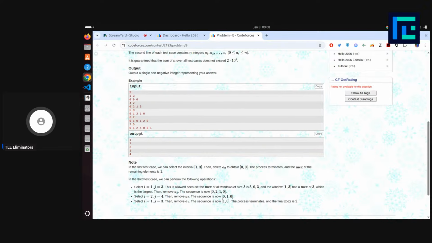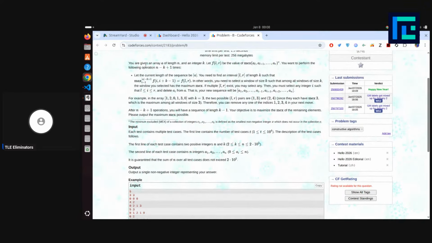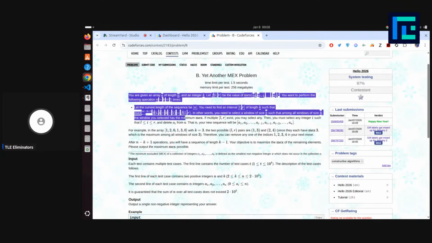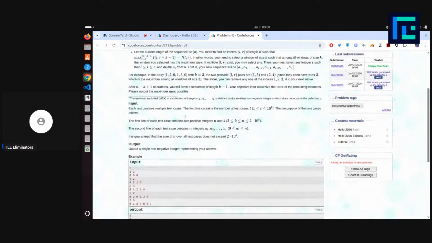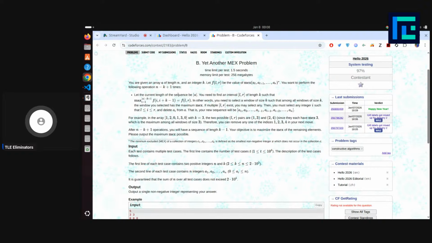We have to output the maximum value of the max. So is the problem clear? I think it should be clear what it is asking. So let me ask you one thing: this problem is very complicated.